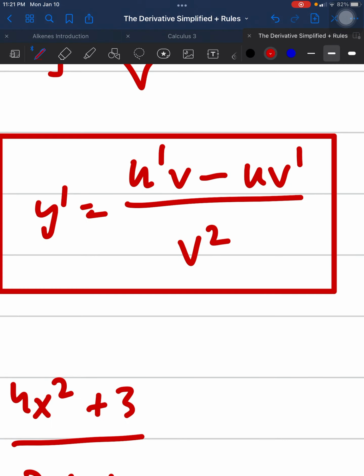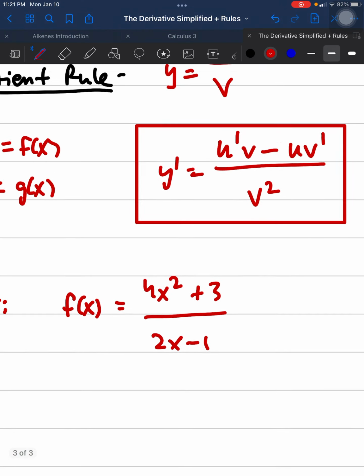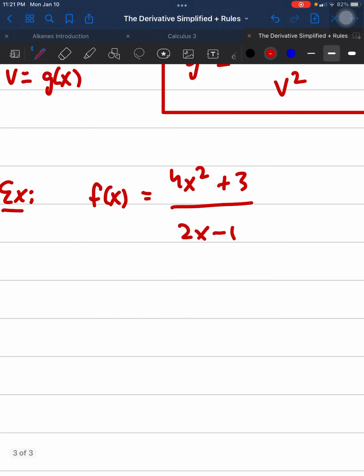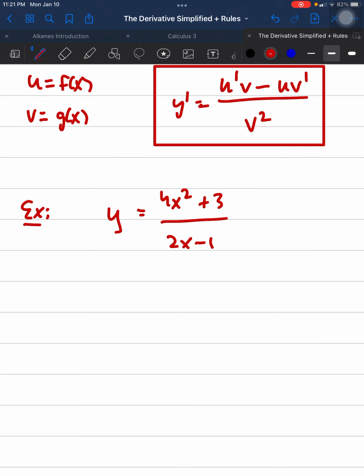First we need to find the derivative of u, and we know u is f of x, so we need to find the derivative of f of x. So let me actually switch this f of x into y so it's not confusing. So y is equal to 4x squared plus 3 over 2x minus 1.